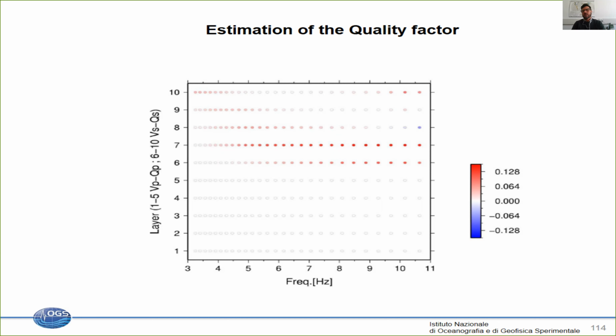So there is still a lot to be done before we can say that we are really able to estimate a good quality factor to be used in numerical simulation.